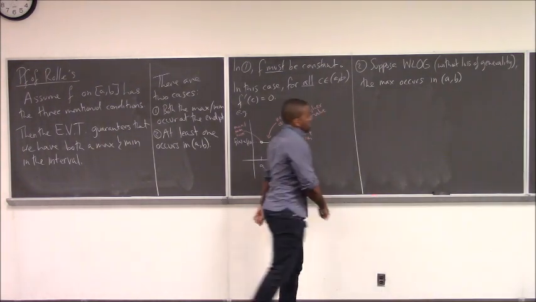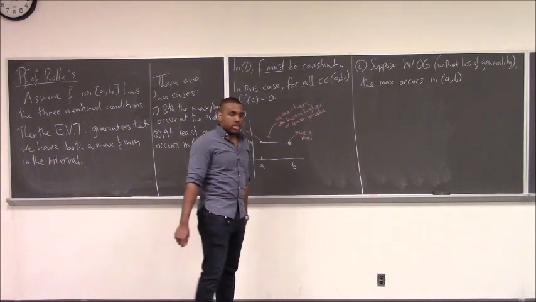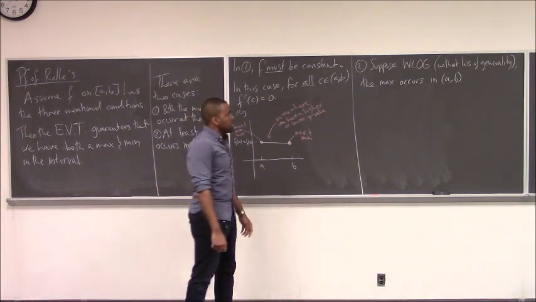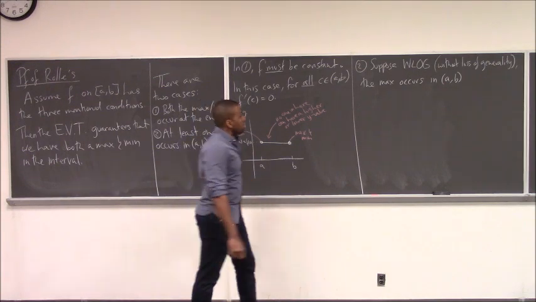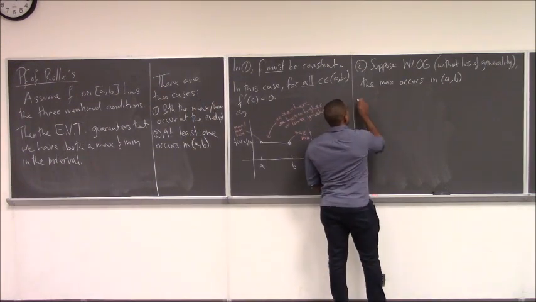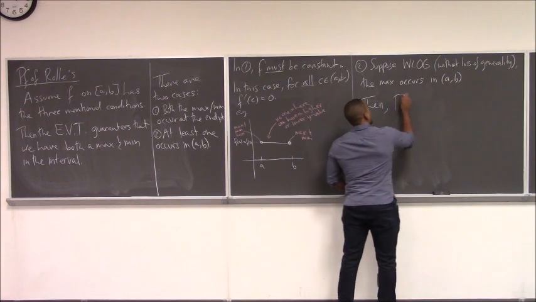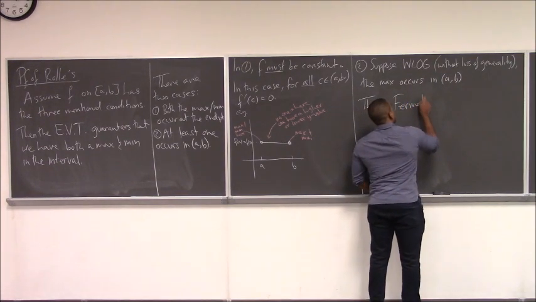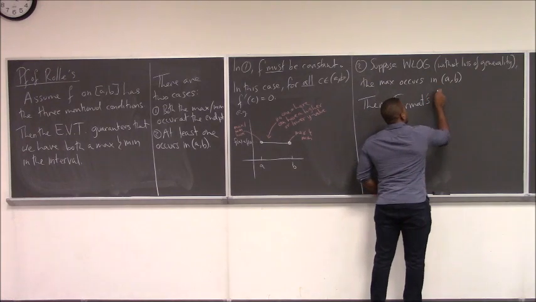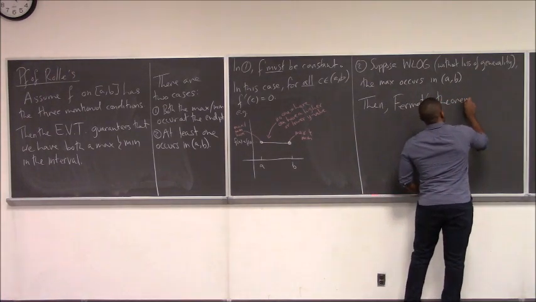Anyway, okay, so let's pretend there's a max in the interval. Exactly the same argument will work if there's a min. Because we have another theorem that talks about that. Then Fermat's theorem.